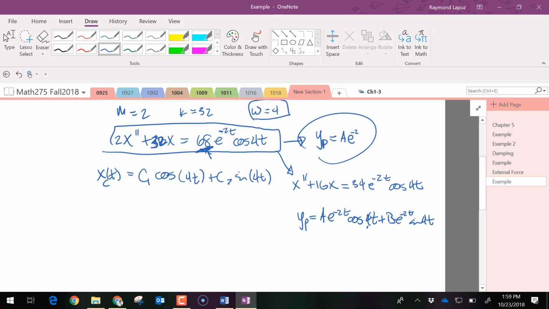Now, do we have to worry that this is linearly dependent with our complementary solution? No, because the right hand side is multiplied by e to the negative 2t, so we don't need to worry about adding an extra t or anything like that. So take the derivative, take the second derivative, plug it back in, and solve for a and b. And that's it. You're done.